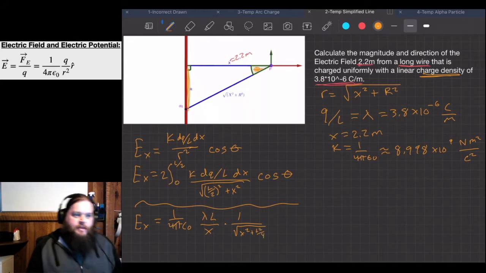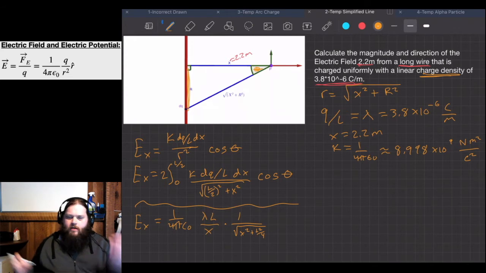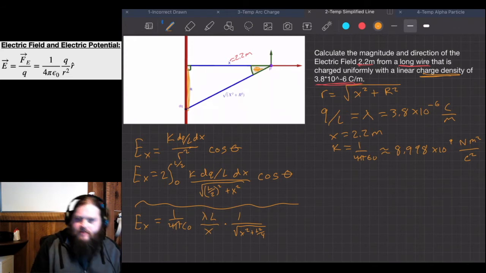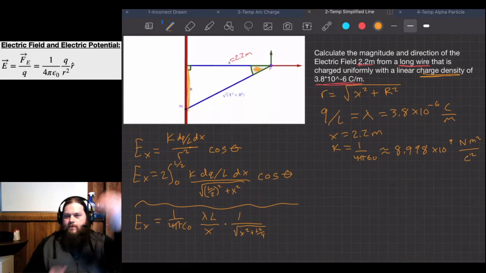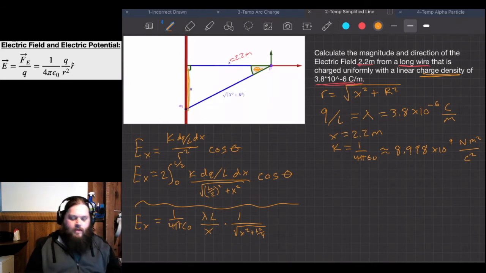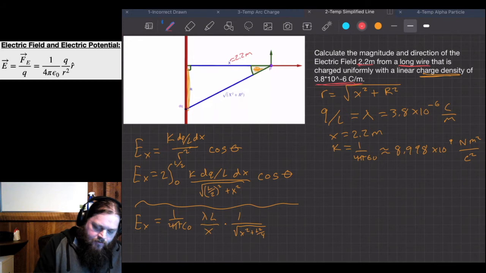When you have an infinitely long wire, the relative distance of x doesn't seem to matter. 2.2 meters is a very small piece of an infinitely long line. So x here, we can simply ignore.